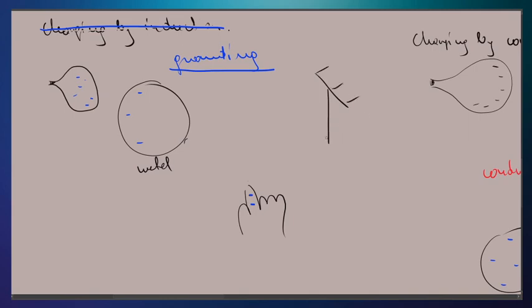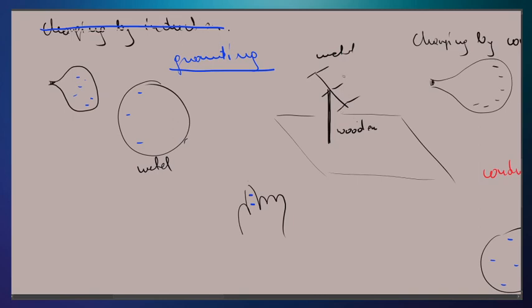So you have metal on the top, and then let's say that this here is plastic or a wooden stick, and then this thing is in the ground.